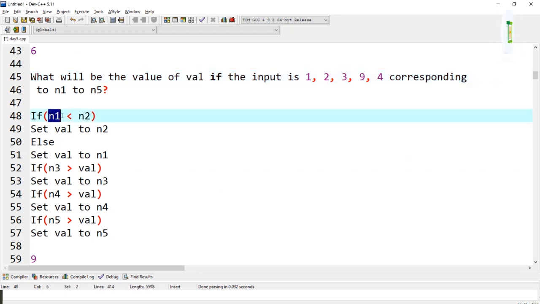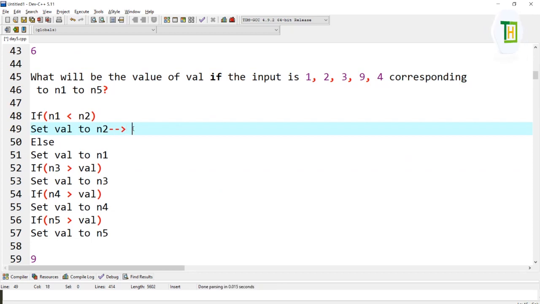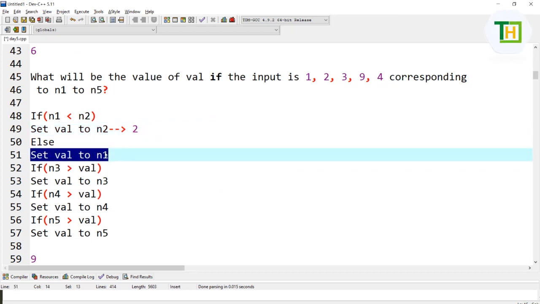First of all, it is checking if N1 is less than N2. Yes, it is true, right? Then value becomes N2. N2 value is 2, so value is going to be 2 now. If it is false, we have to work on this. No, it is not going to be false.